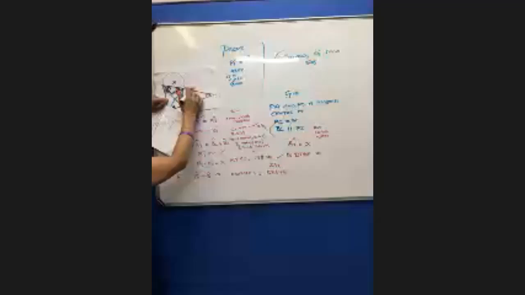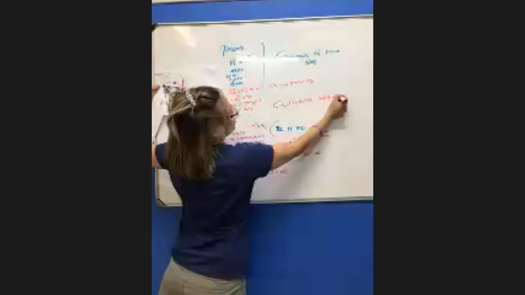Then acknowledge that this is going to equal A1 x, and then BS is a tangent to the circle. So you have the converse tan chord theorem.